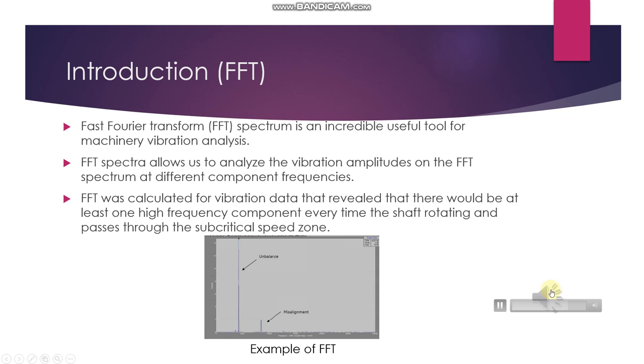FFT was calculated for vibration data that revealed at least one high frequency component every time the shaft rotates and passes through the subcritical speed zone. This is a picture of an example of FFT. The first is about unbalance, and the second is misalignment.